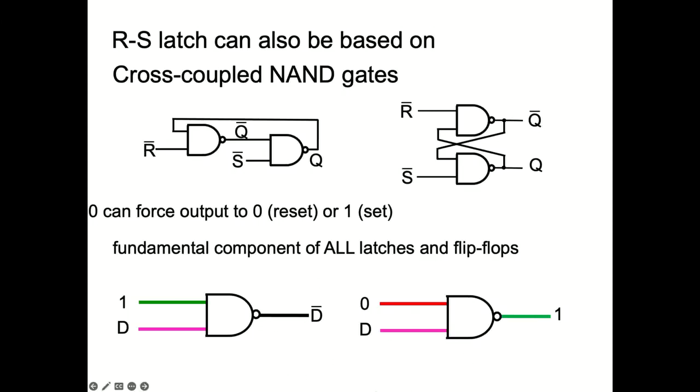The only difference is, of course, now a 0 forces a value, and a 1 makes it an inverter. So these R and S are now active low. Basically, you reset this when R is low, and you set it when S is low. That's the only difference. Okay, but let's stick to the NORs.